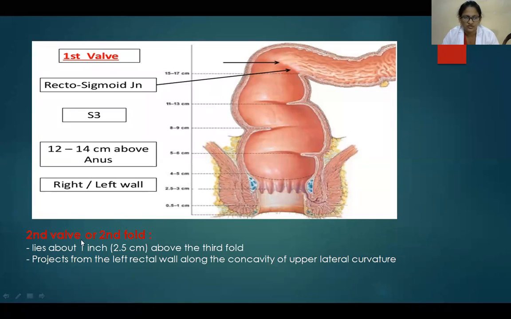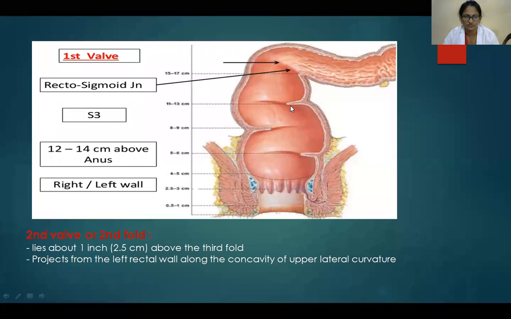Next, the second valve or second fold. It lies about 2.5 centimeters above the third valve, and the third valve lies about 5 centimeters above the anal orifice. That means 7.5 to 8 centimeters above the anal canal you see the second fold.